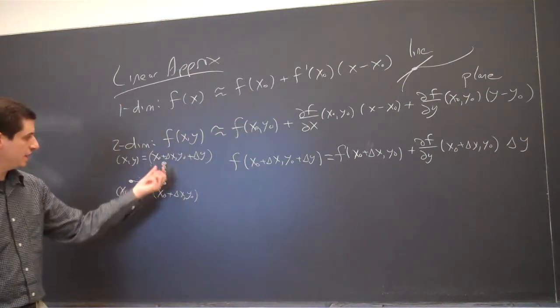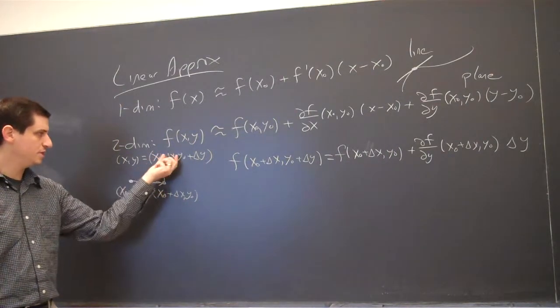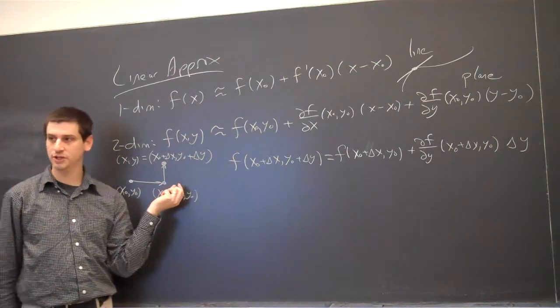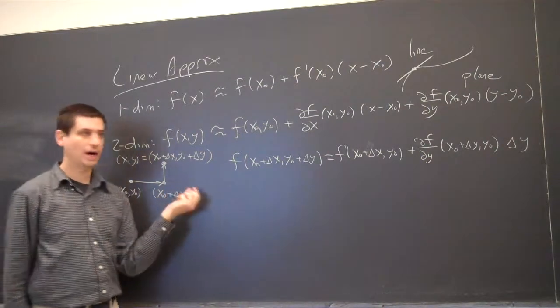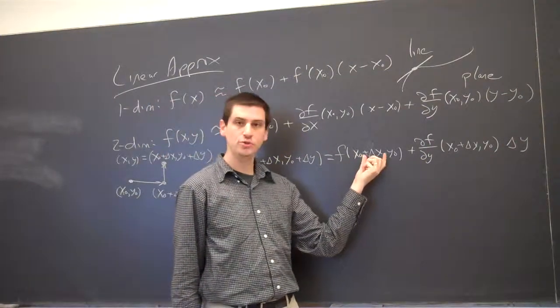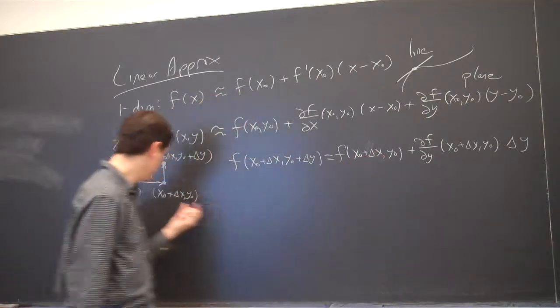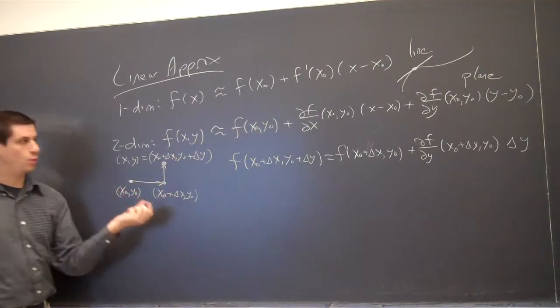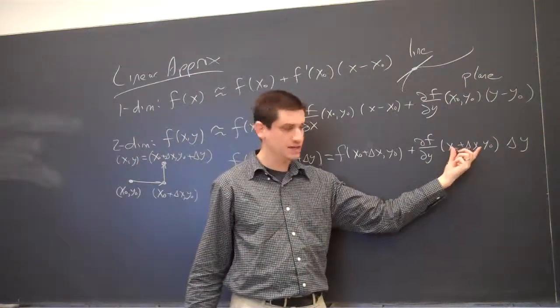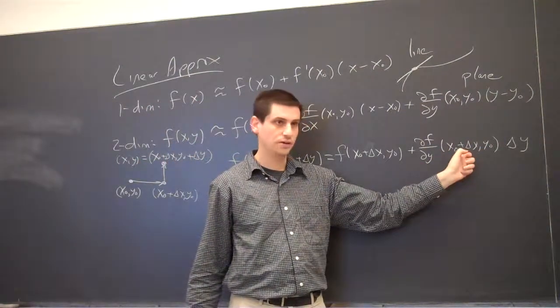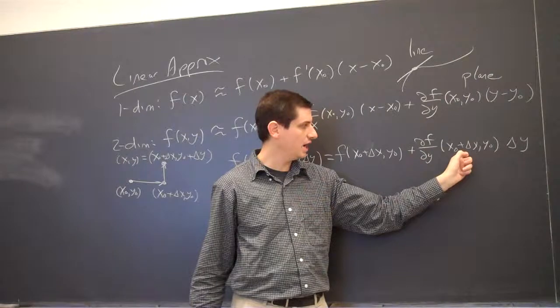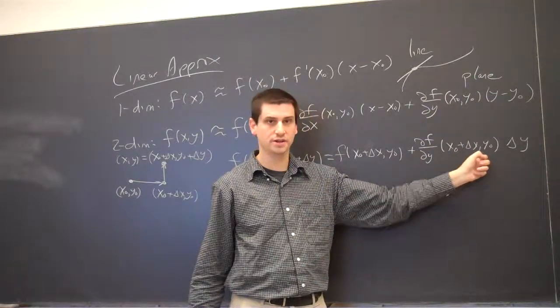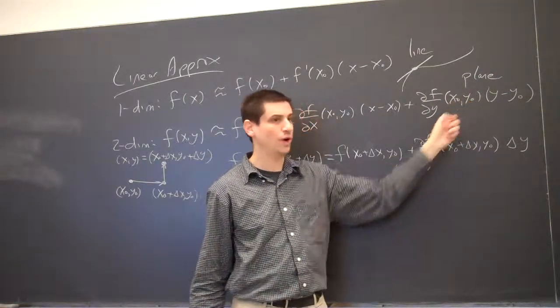That's what I get if I use the tangent line to approximate this point with the value of my function here. Now all I have to do is use the tangent line to approximate this value with the value here. Why don't I worry about approximating this? I'm evaluating this at x naught plus delta x, y naught. I want to evaluate it at x naught, y naught.